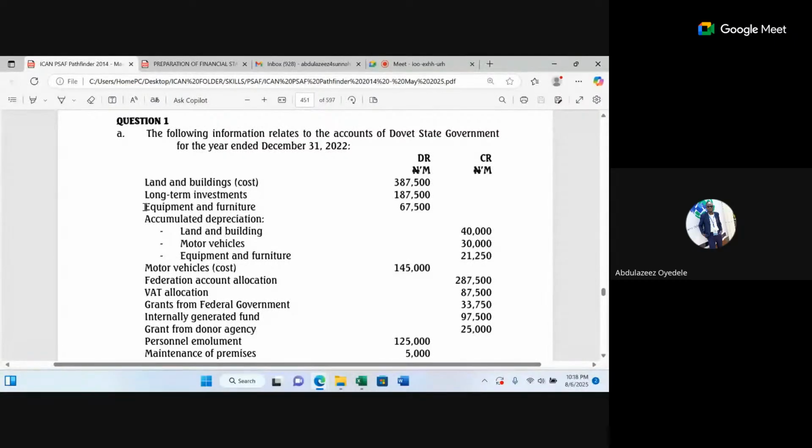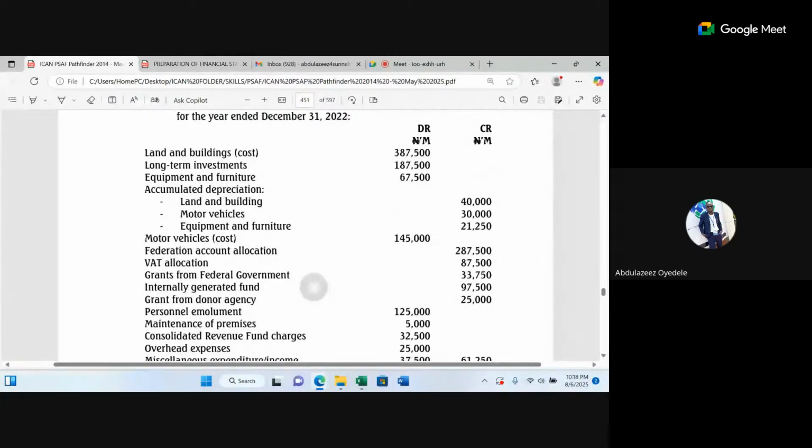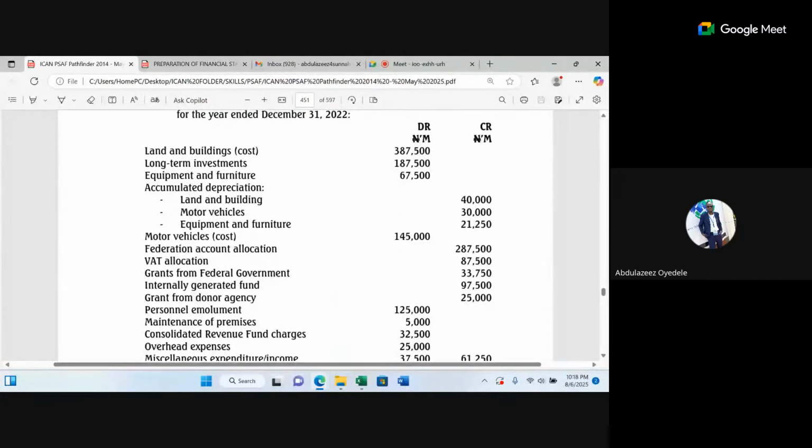Okay, so if you check the credit side of the trial balance, I can quickly identify our revenue items. You can see Federation account allocation, there's VAT allocation, there's grants from federal government, there's internally generated revenue, there's also grants from donor agencies.